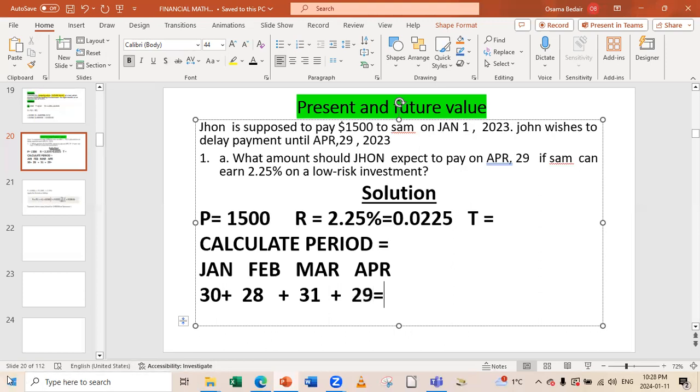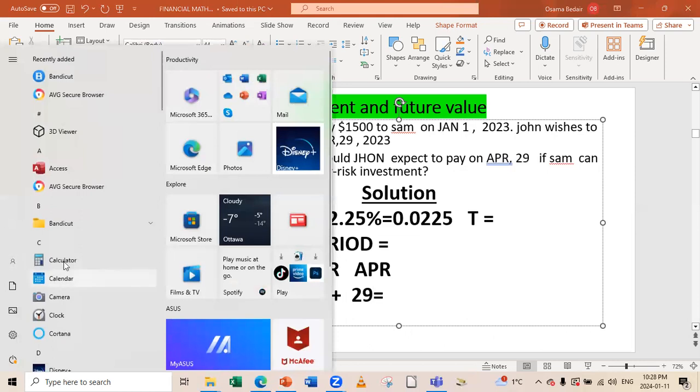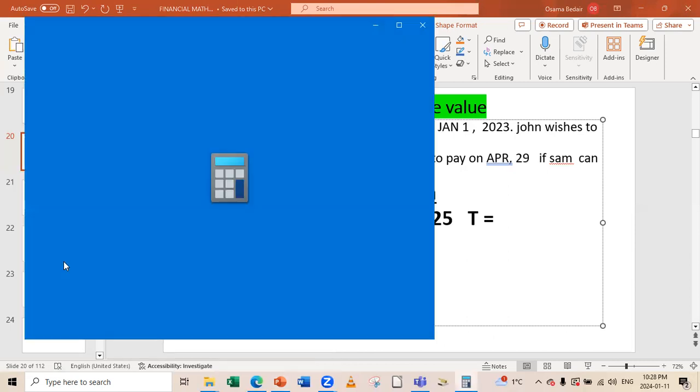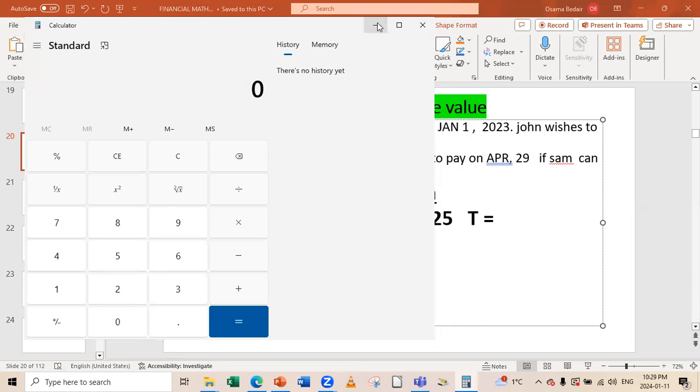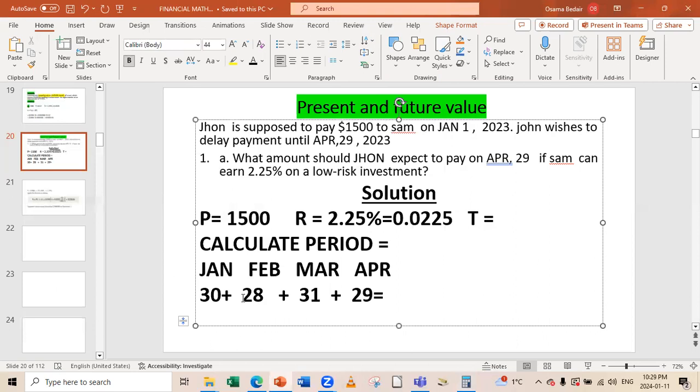Let's go to the calculator. Anyhow, no problem. Here what we have is the days: 30 and 28, this is 58.